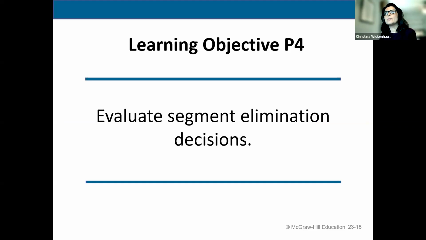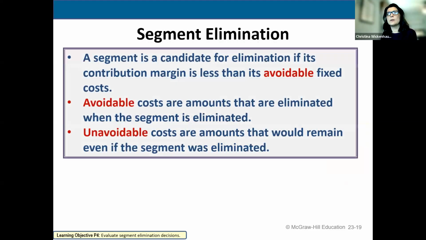All right, now what if we want to evaluate segment elimination decisions? Always understand when we look at it, it's like, oh my gosh, this department is losing money, or this product is losing money. But what we don't think about is sometimes they're losing money, but they're helping cover some of that overhead.